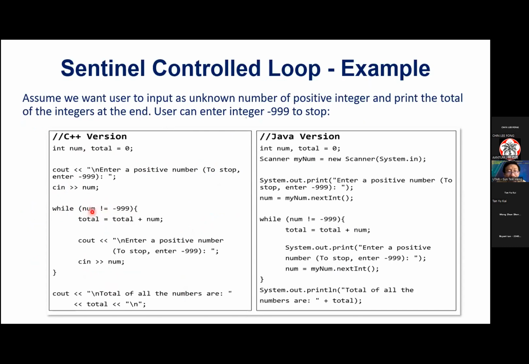As long as the value inside the variable num is not equal to minus 999, this expression will have the value true, and the body of the while loop will execute. This while loop will repeat until the variable num has the value minus 999. When it does, the while loop will terminate, and the user will see the output of the total of all the numbers, from the variable total.